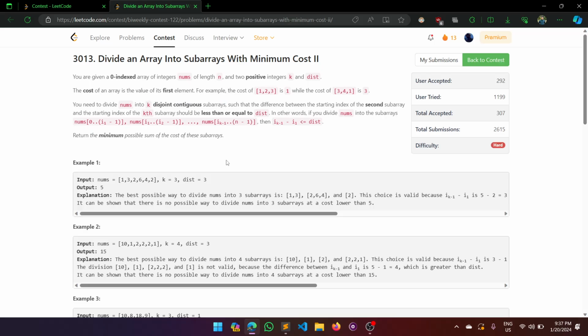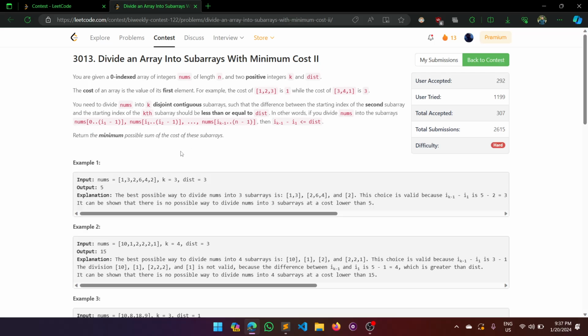The additional condition is that the difference between the starting index of the second subarray and the starting index of the last subarray, which is the kth subarray, should be less than or equal to dist, right?